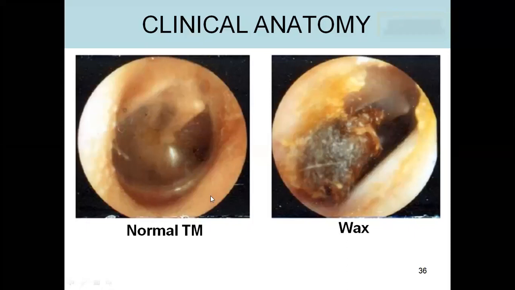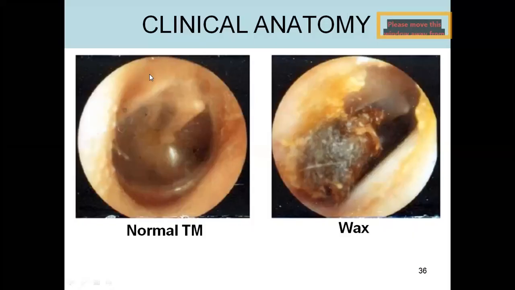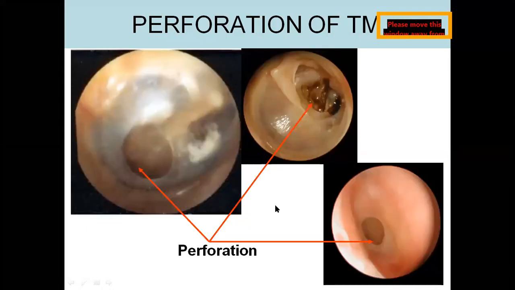The tympanic membrane is also called the eardrum, right? So this is the normal tympanic membrane. There is one more picture where you are able to see a lot of wax collected towards the outside of the tympanic membrane. On otoscopic examination, generally the tympanic membrane should look like this, and this is how it looks if wax is collected.